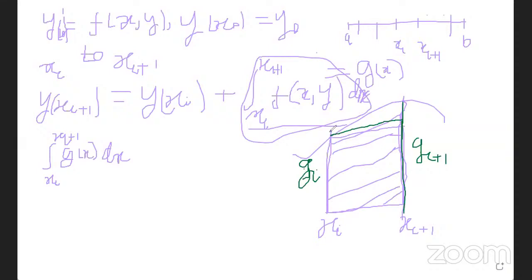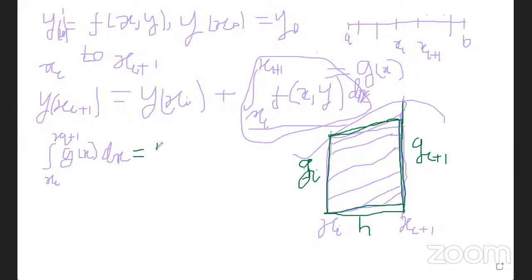Taking a uniform mesh size, this distance is h.